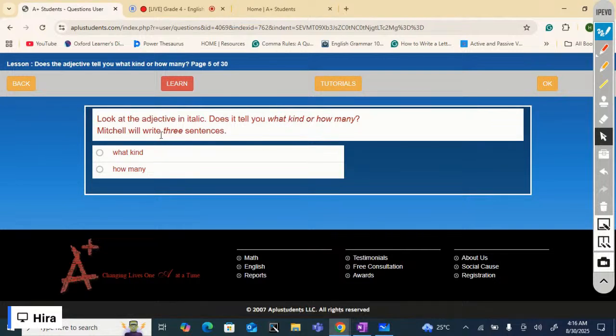Mitchell will write three sentences. The adjective in italic is three. Now tell, does it tell you what kind or how many?